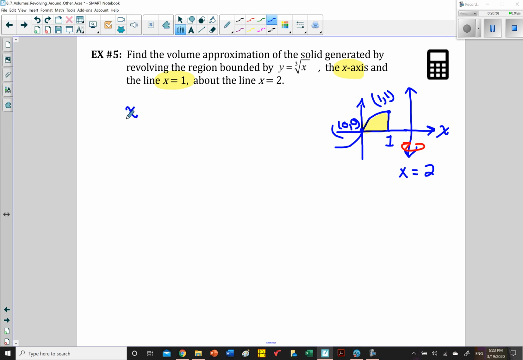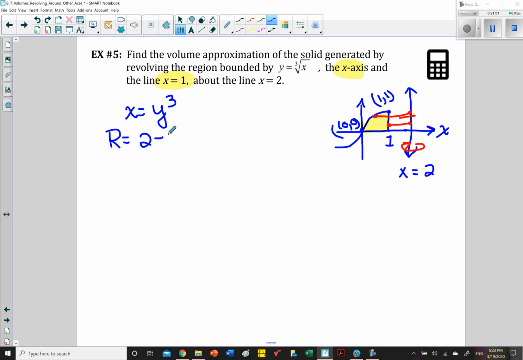So if x equals y cubed, the outer radius is going to be 2 minus y cubed, and the inner radius is going to be 2 minus 1.